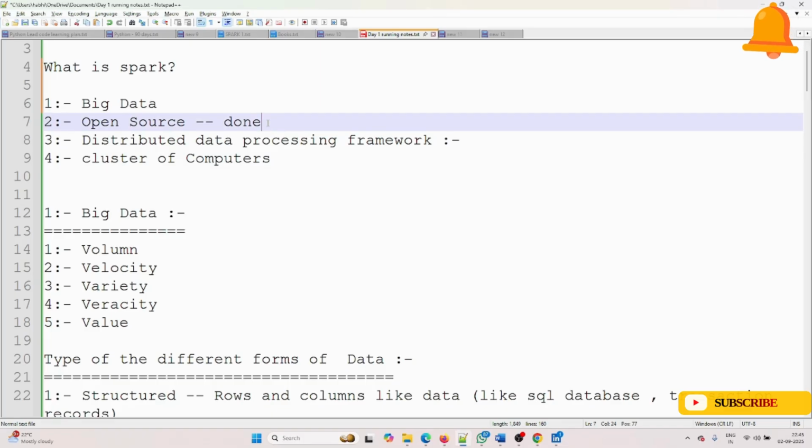It is not just about large size; the complexity, speed, and diversity of data also make it big data. So I'm going to talk about real-time examples of big data.